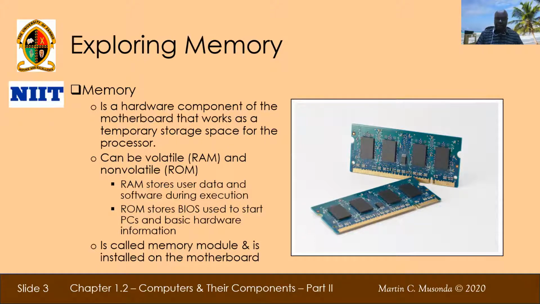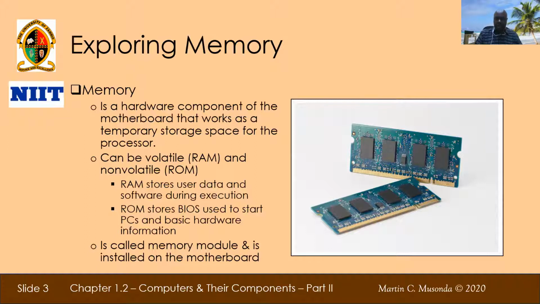And we did explain last time that ROM on modern PCs is stored in a special type of chip called CMOS, complementary metal oxide. This is able to retain the content by means of a battery.